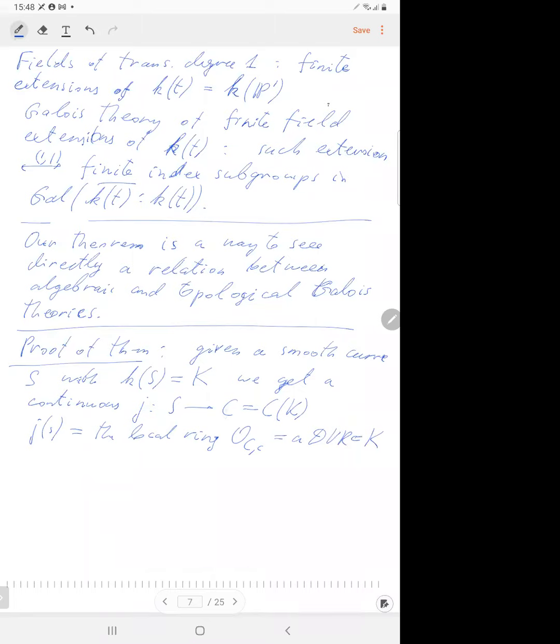Okay, and this capital C curve, or would-be curve, set theoretically is just the set of all possible DVRs inside this capital K field, right? So in a sense, this is universal. This is the biggest such curve, but so far we only have a set structure on it. But at the level of sets, any curve does produce a subset of this one.